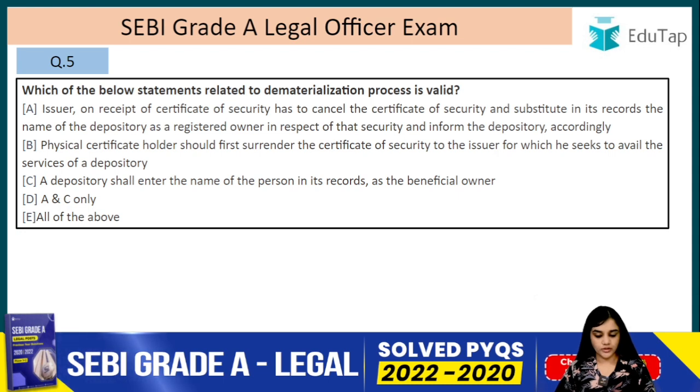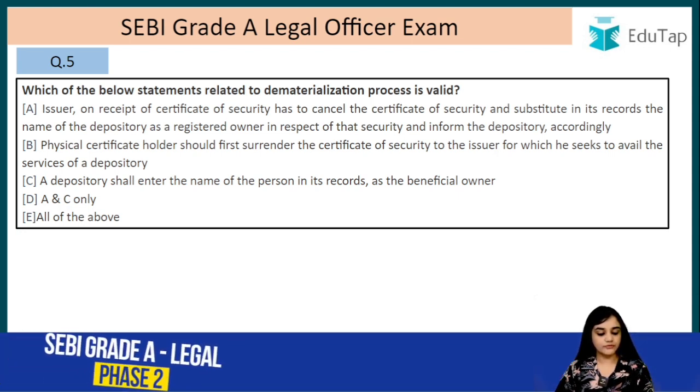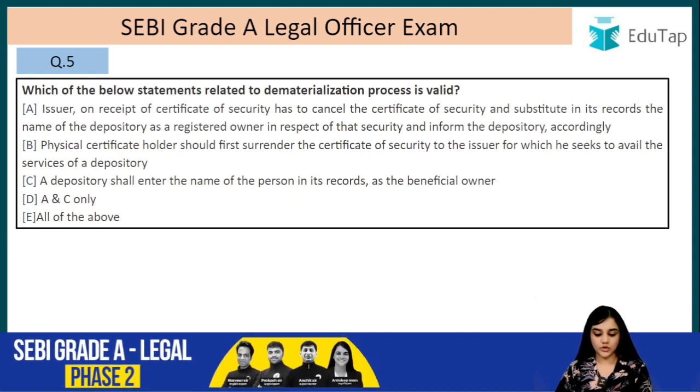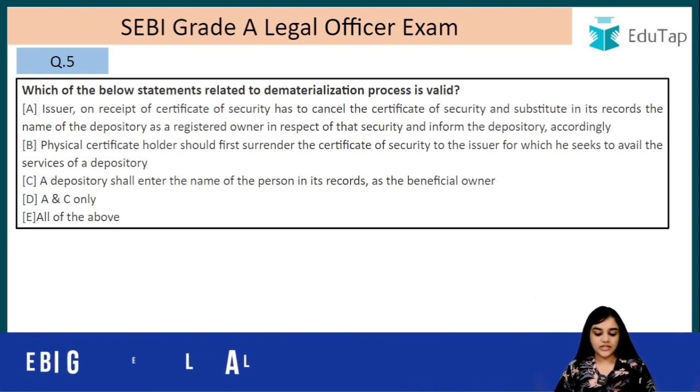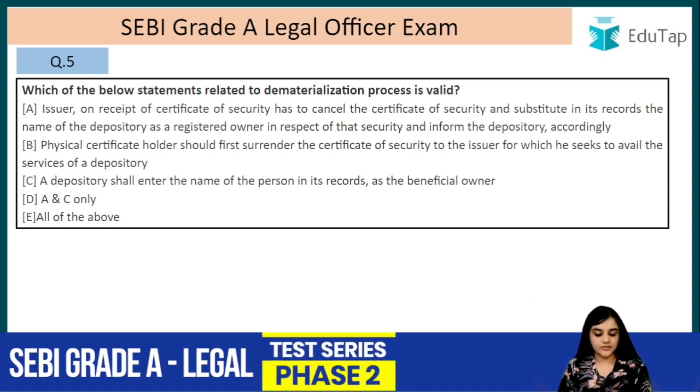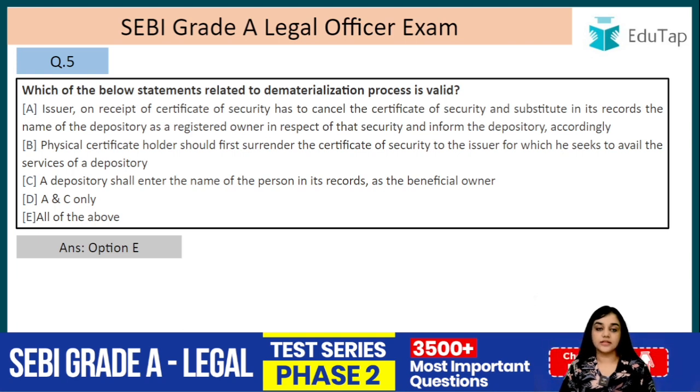A physical certificate holder should first surrender the certificate of security to the issuer for which he seeks to avail the services of a depository. A depository shall enter the name of the person in its record as the beneficial owner. A or C only, or all of the above. So the answer is E, that is all of the above.